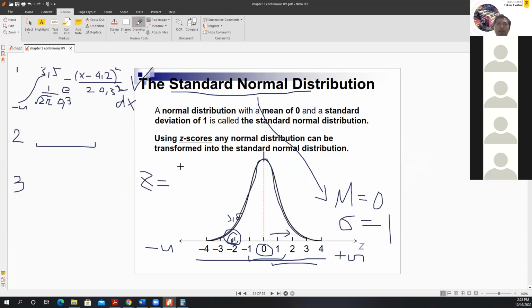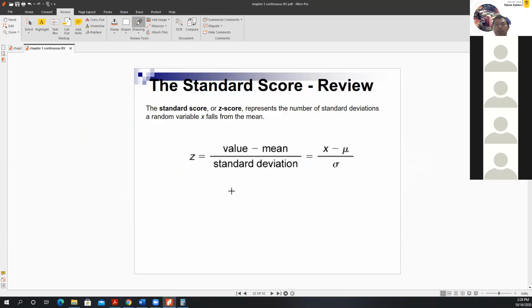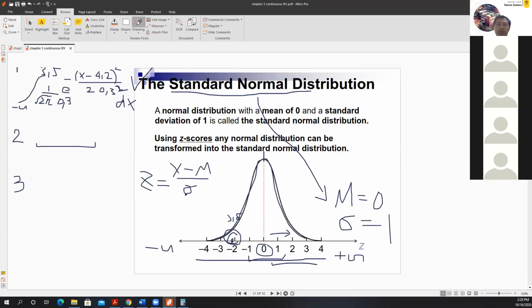Actually, the Z variable is X minus mu divided by the standard deviation, according to this formula. So we can compute here, let's say, 3.5 minus 4.2 divided by 0.3.